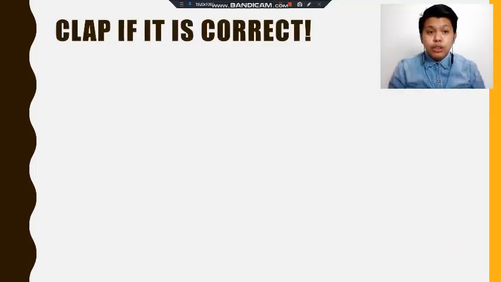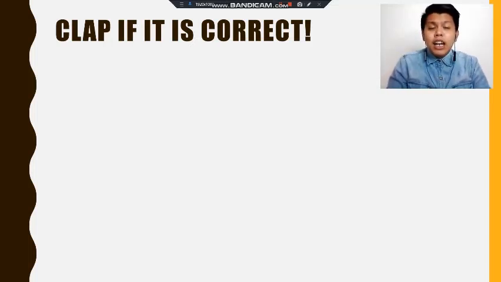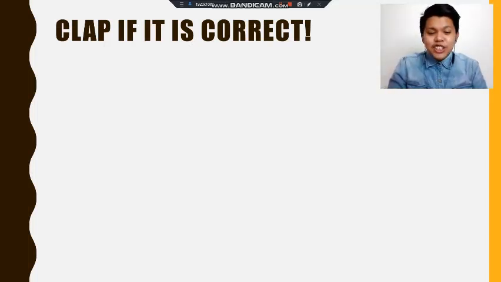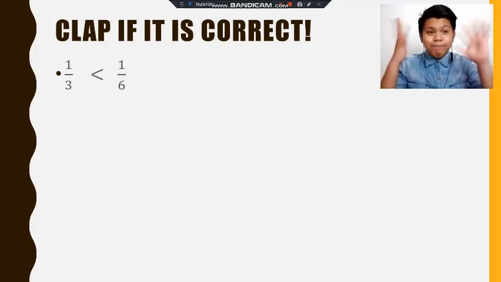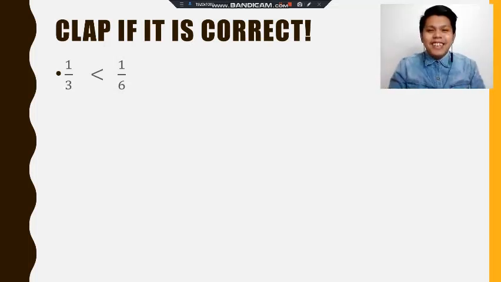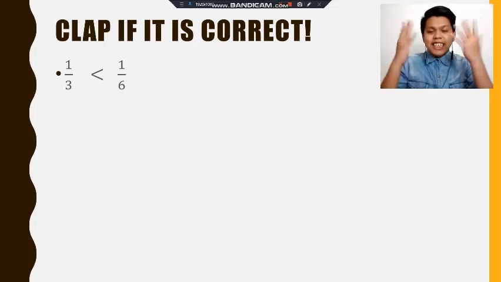I want you to clap if you think that the comparison of two fractions is correct. And if it is not correct, use this. Okay, so let's start. Number 1. Clap or not? Okay, so the answer is this one.